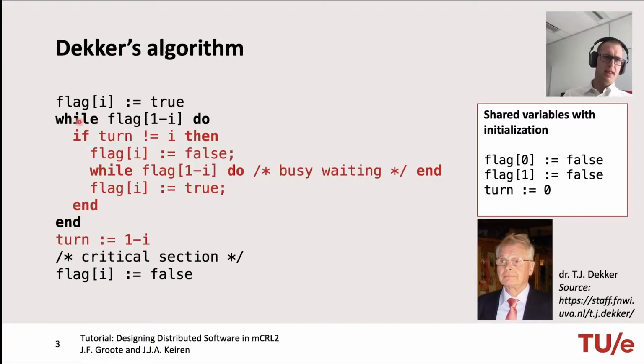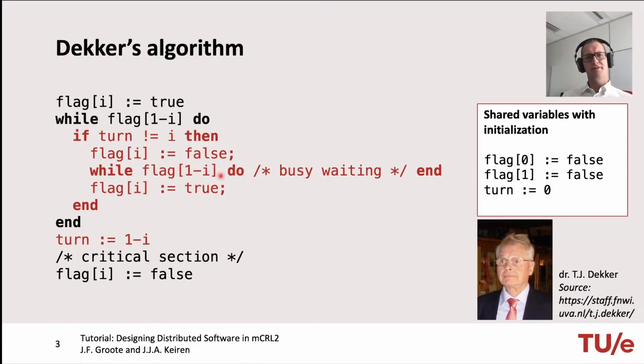If the flag of the other process is true, then process I will check if it has priority. If it has priority, the turn is equal to I. So if process I does not have priority, then it will temporarily set its flag to false, allowing the other process to break from the loop and enter its critical section. And it will then wait until the flag of the other process becomes false.